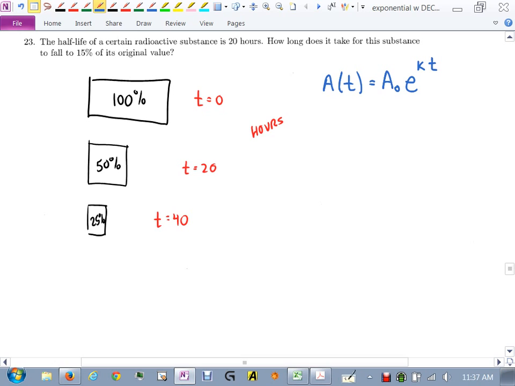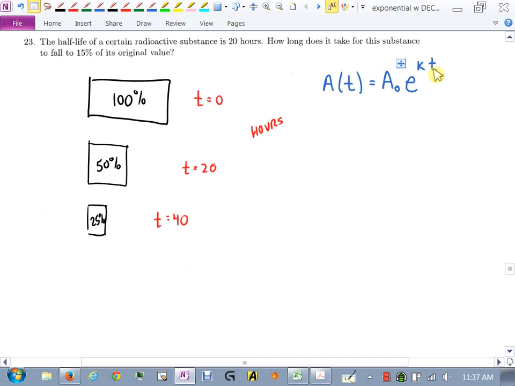How am I going to do that? What do you know about time? 20 hours. So you're saying I should plug 20 in here? 20 is right to plug in for t, but what is it about 20 that we know?